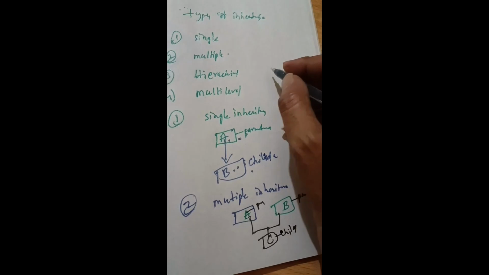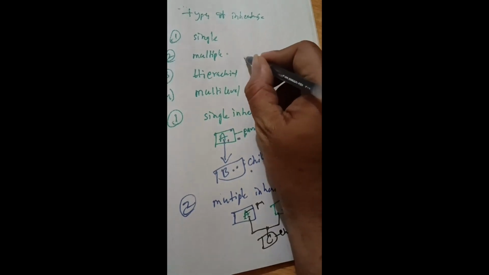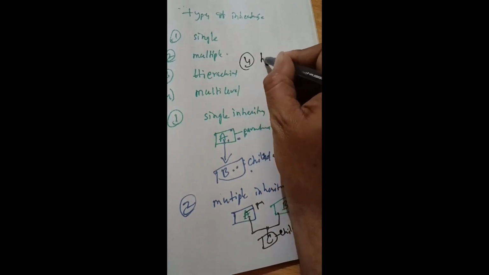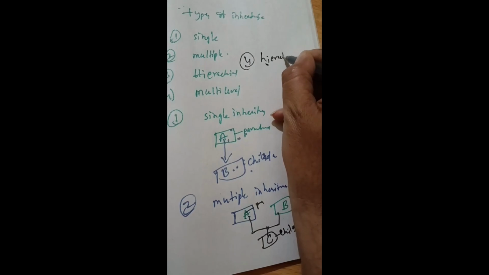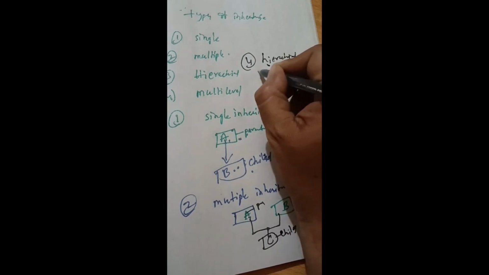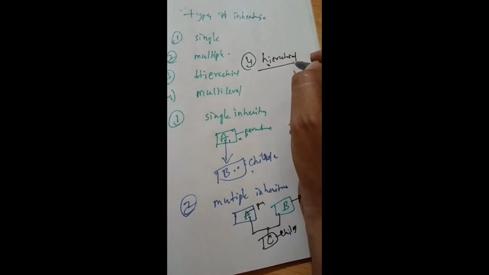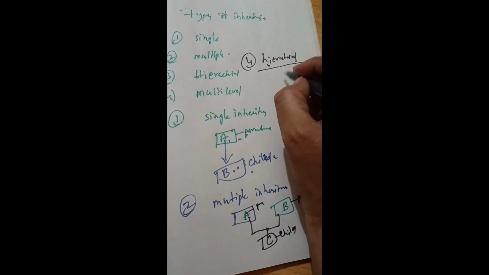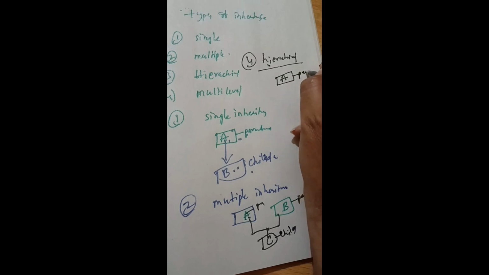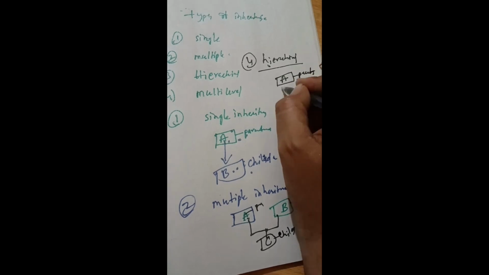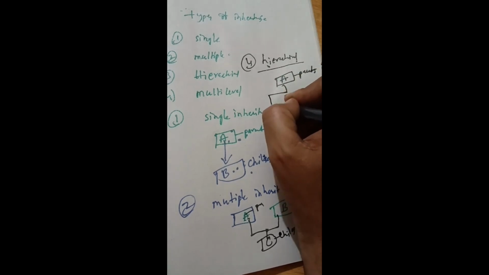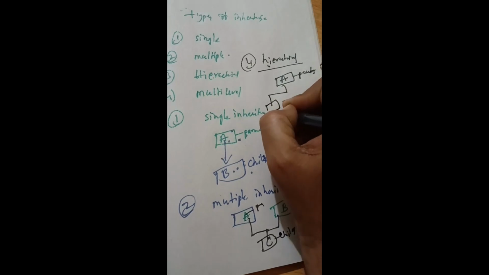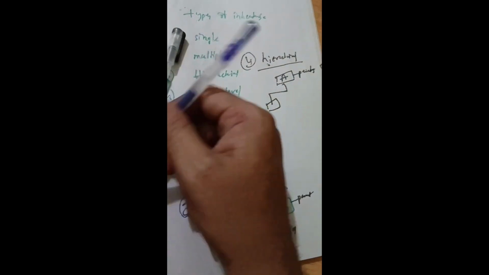Now the fourth type is hierarchical inheritance. Hierarchical inheritance means one parent class and a number of subclasses, or child classes.